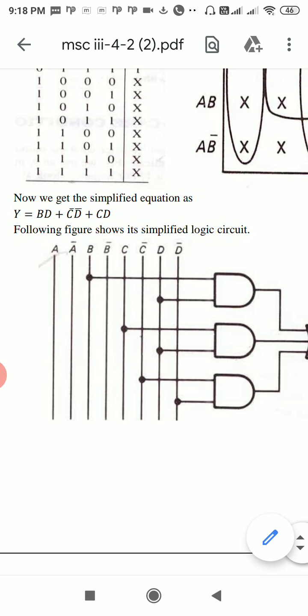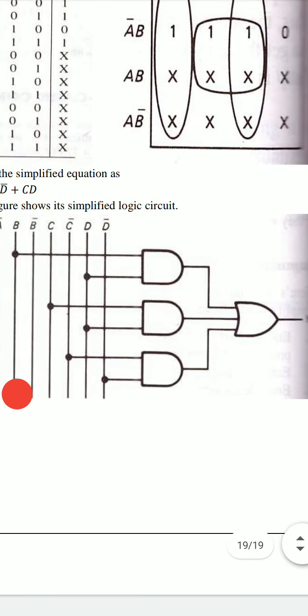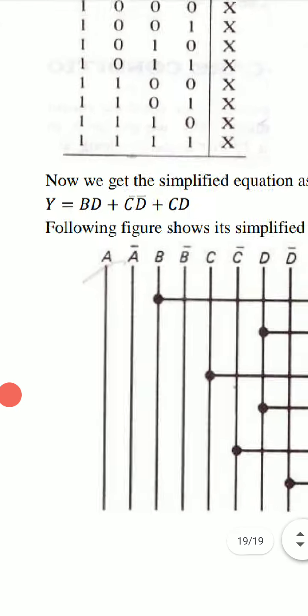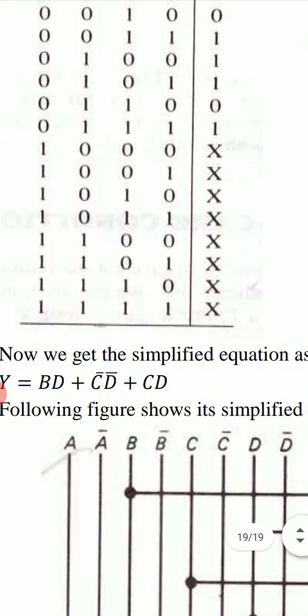We have 8 lines, 4 for A, B, C, D and 4 for their complemented form A bar, B bar, C bar and D bar. We will use 3 AND gates and an OR gate. Output of this OR gate Y is equal to BD plus C bar D plus CD, which produces this truth table.